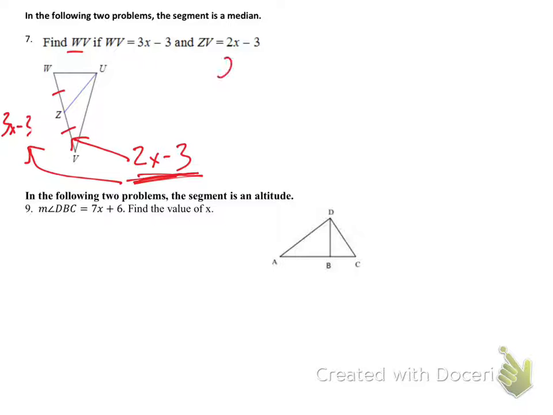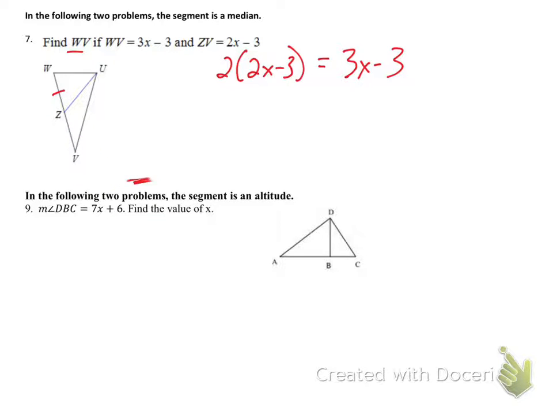So I could just do 2x minus 3 is equal to the whole thing, which is 3x minus 3. So again, all I'm doing here is noticing that because it's a median, it cuts these two into 2 equal parts. It gives me the whole thing.